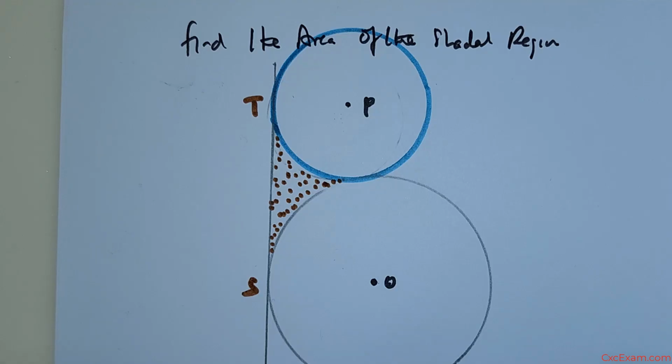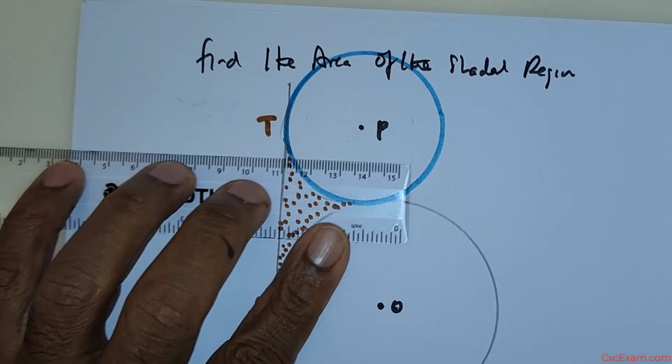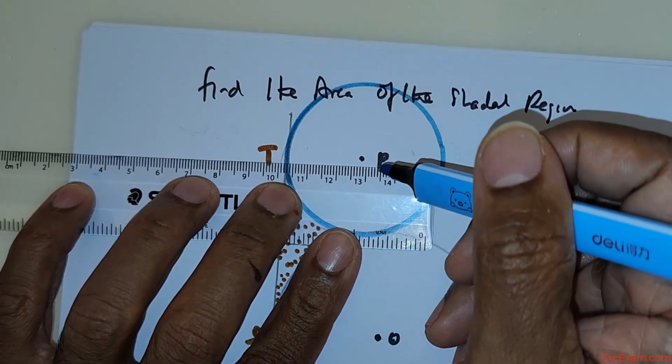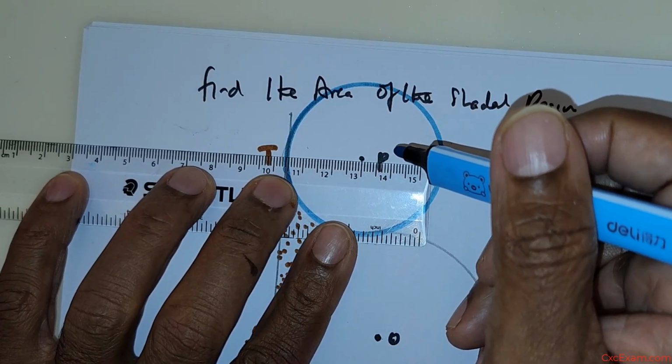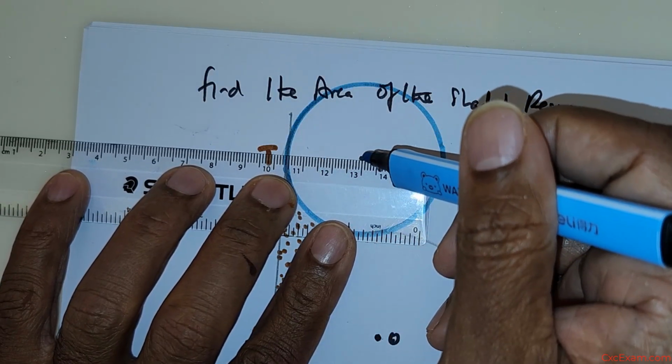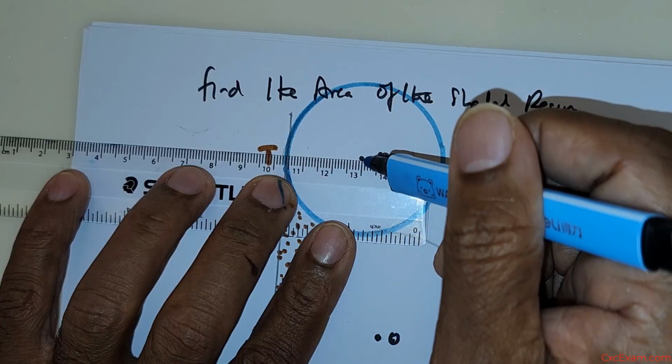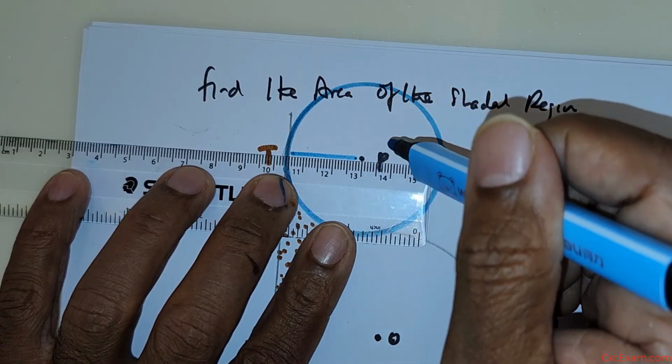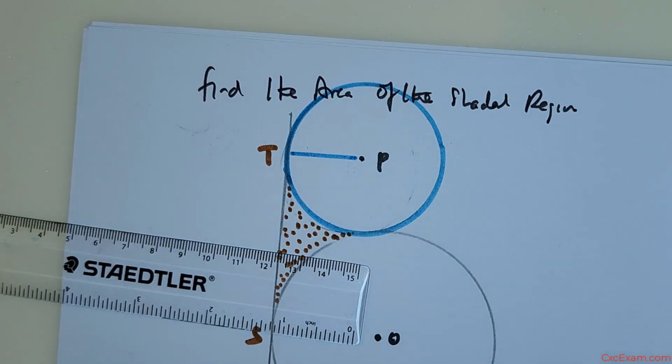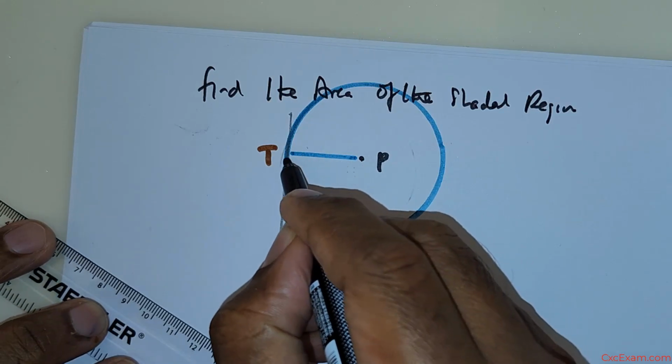Now foremost, what we have to do is we will have to connect the point P with T. Now since this is a tangent and this is the radii, they will make an angle of 90 degrees, okay, by geometrical property. So this is clearly going to be 90 degrees here.